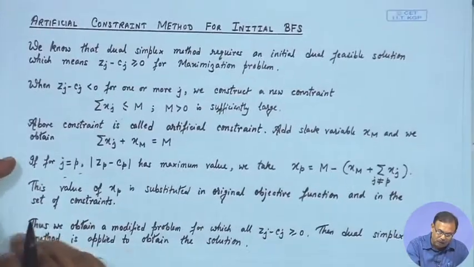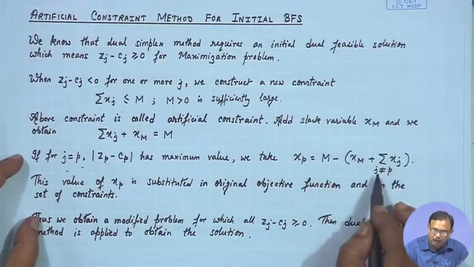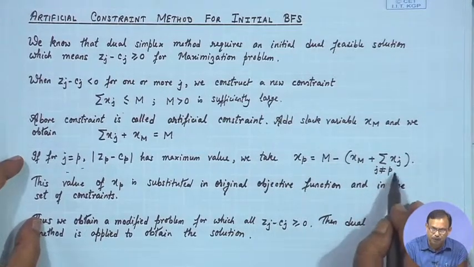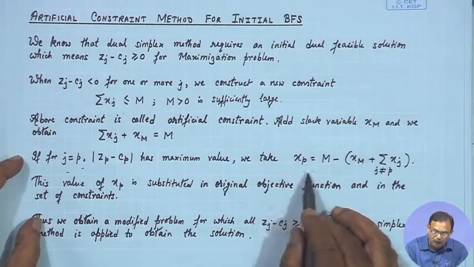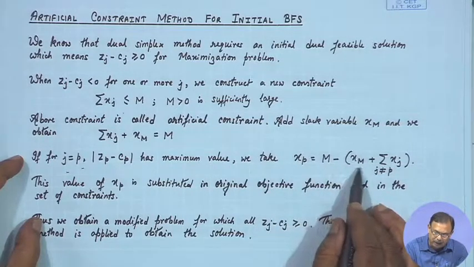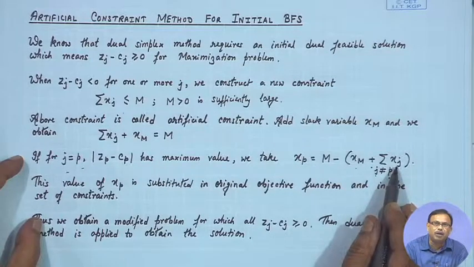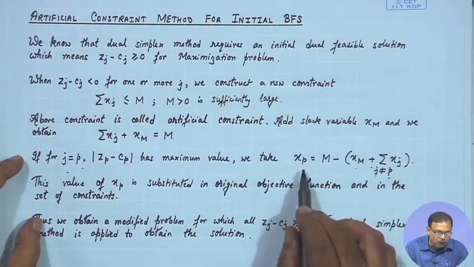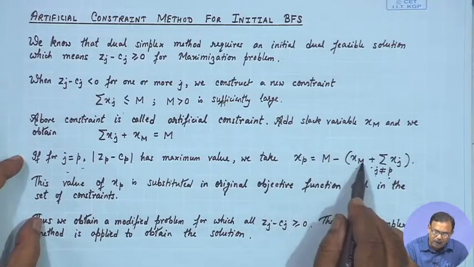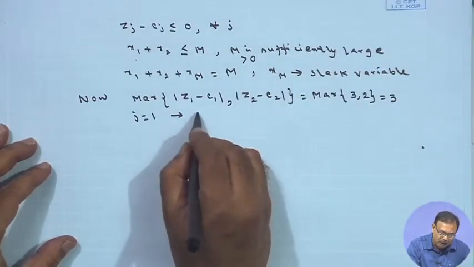We have said that we will replace x p equals m minus x m plus the summation over j not equal to p of x j. Here p is 1. So x 1 will be replaced by m minus x m plus, for j not equal to p, there will be only one variable, x 2, because j equals 1 and 2. So your x 1 will be equal to m minus x m plus x 2, since j equals 1.